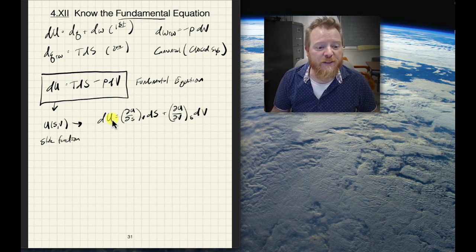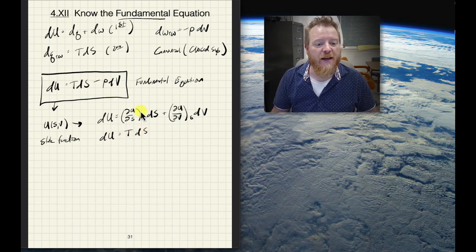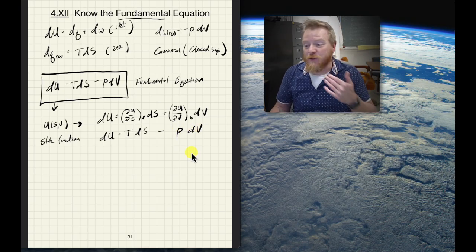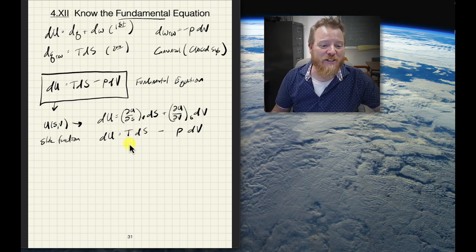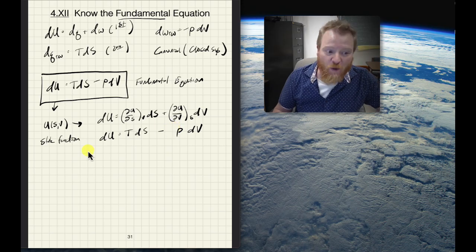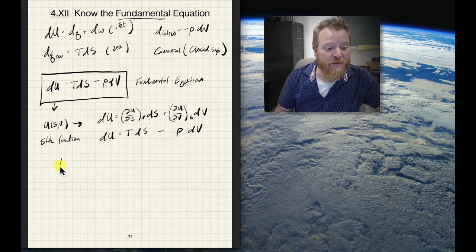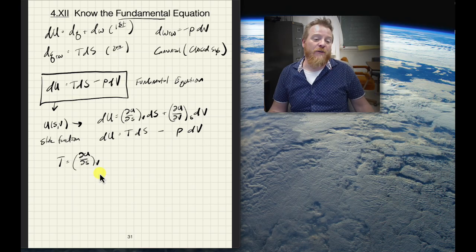And now I'm going to put this fundamental equation right here next to it, and we're going to see some pretty powerful stuff manifest. T dS minus P dV. And so now what we actually have here are the thermodynamic definitions of temperature and of pressure. So by definition, temperature is the partial derivative of internal energy with respect to the partial of entropy at constant volume.